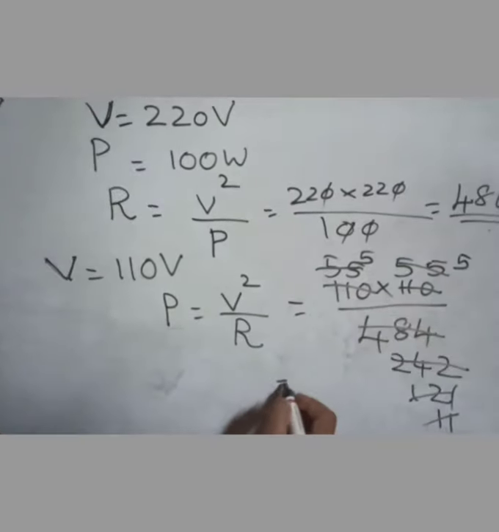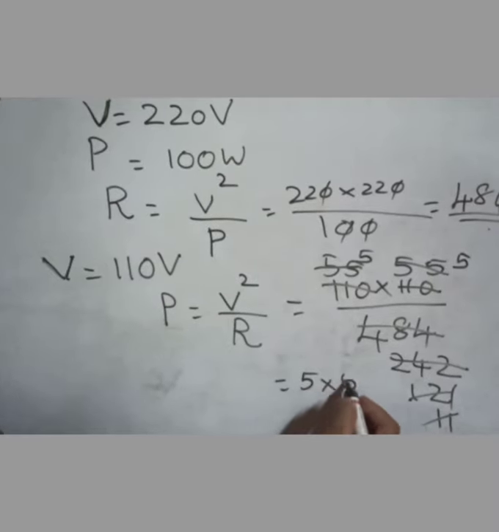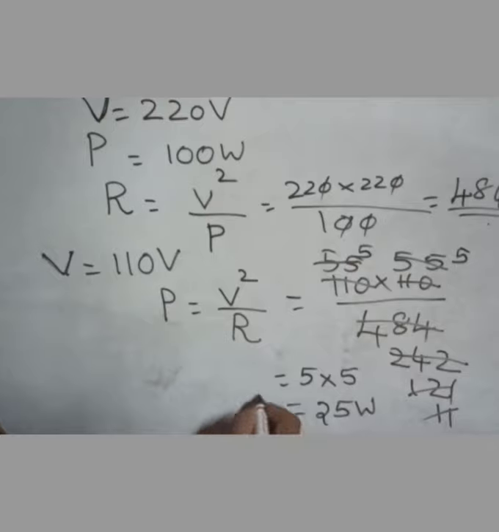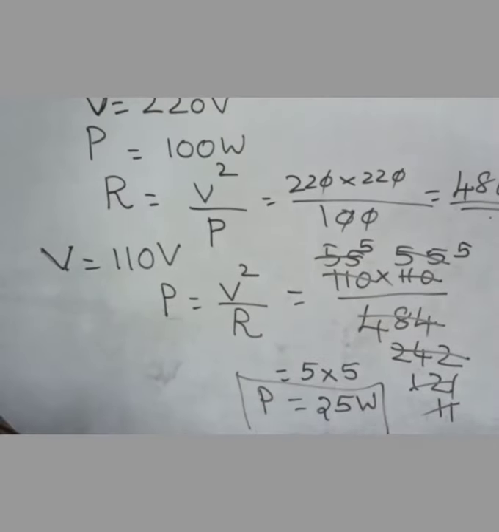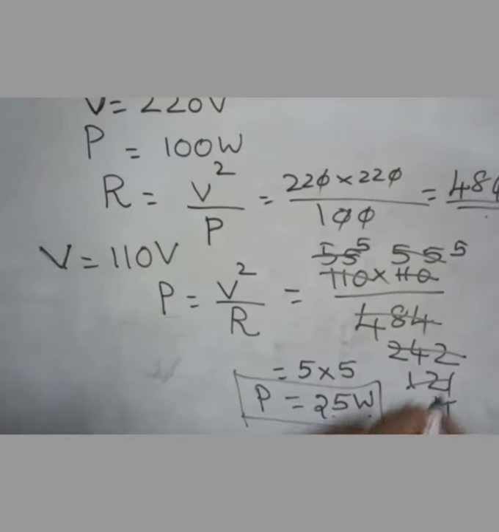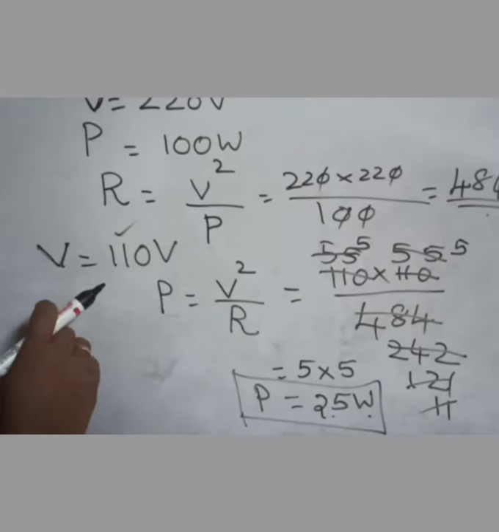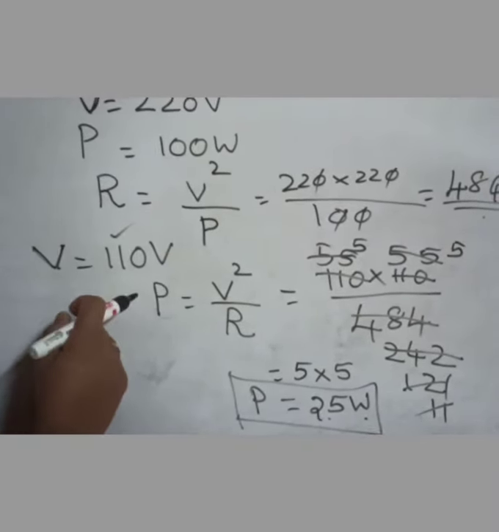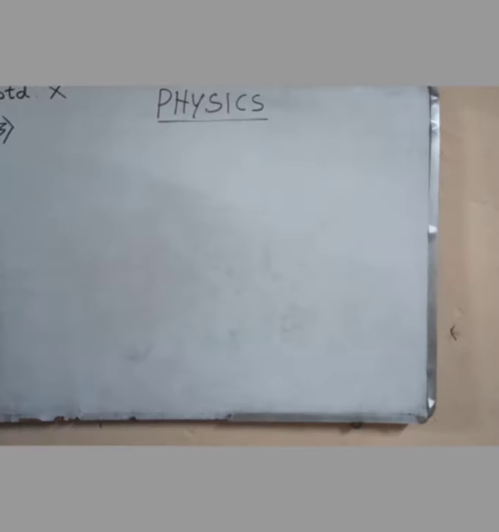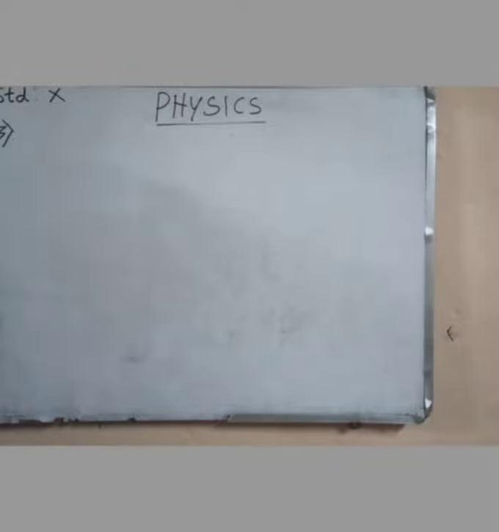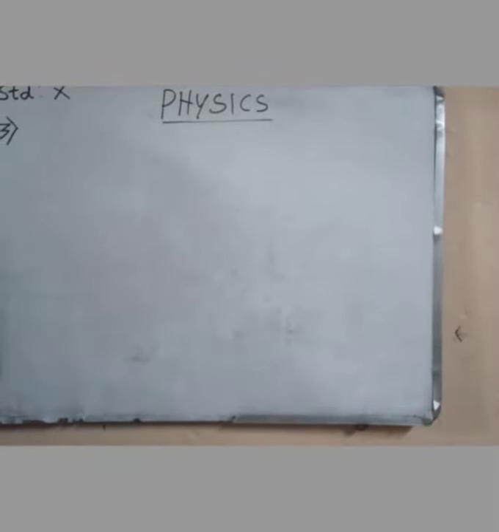So 5 into 5 you will get. 5 into 5 is 25 watt. So the power consumed by the bulb is 25 watt when it is operated at a potential difference of 110 volt.